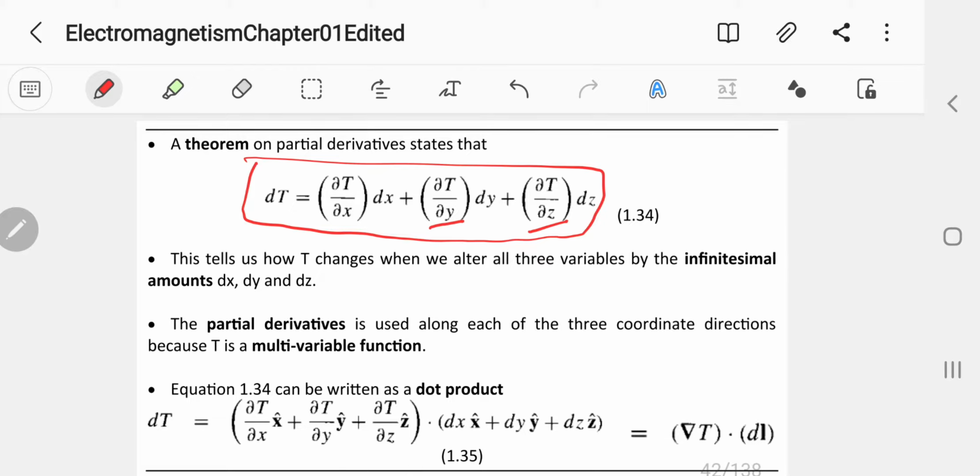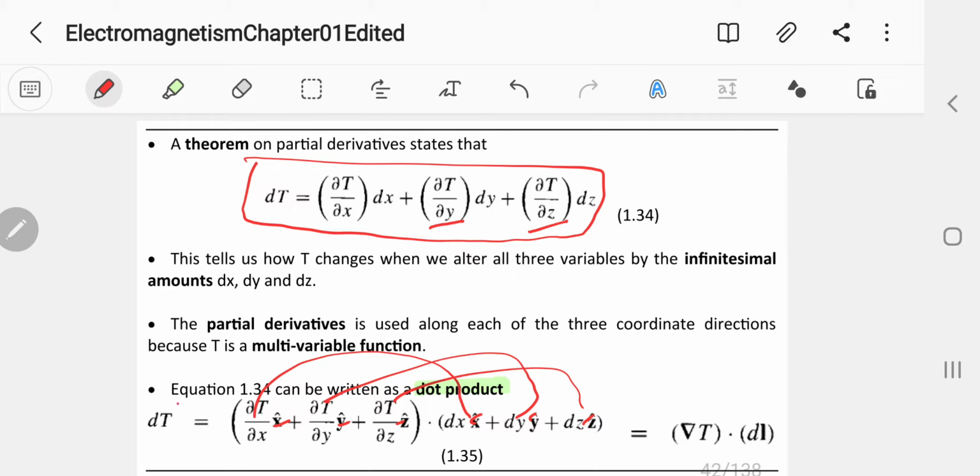So in this case, you can actually write this as a dot product, a product of two quantities with direction, because when you dot product this and this one, the x hat and x hat will cancel, the y hat and y hat will cancel, and of course the z hat and z hat will cancel.